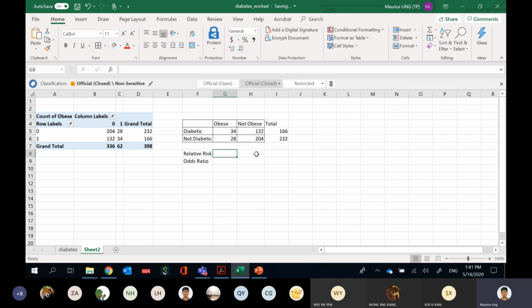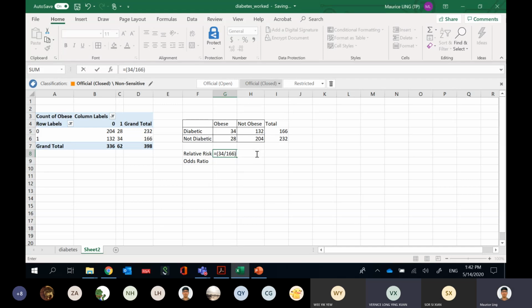Okay, again, which one divided by which one? Okay, Bernice. So relative risk, which number and which number? 34 divided by 166.